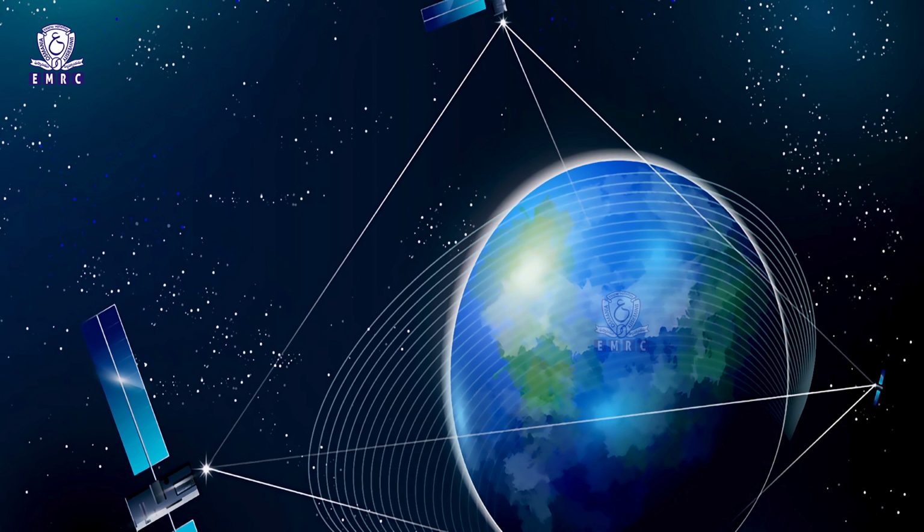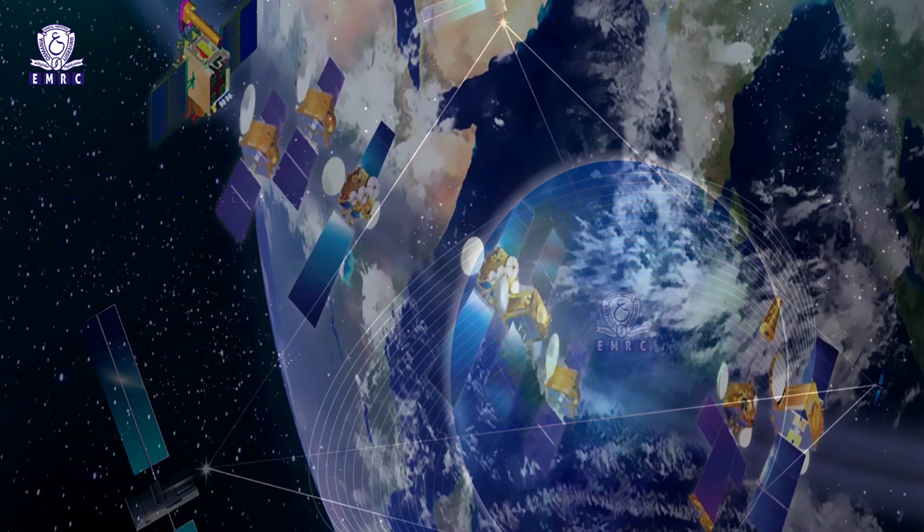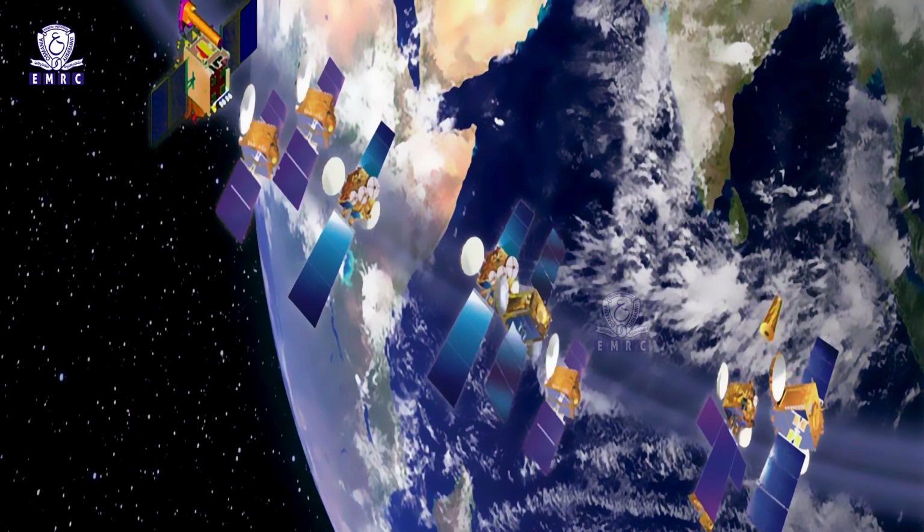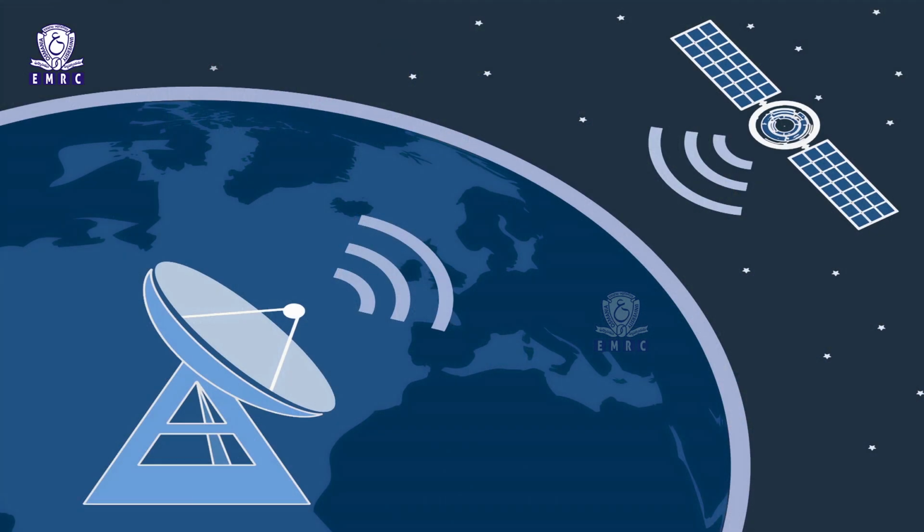Communication satellites. Satellite communication in telecommunications is the use of artificial satellites to provide communication links between various points on Earth's surface. Communications play a vital role in the global telecommunication system.